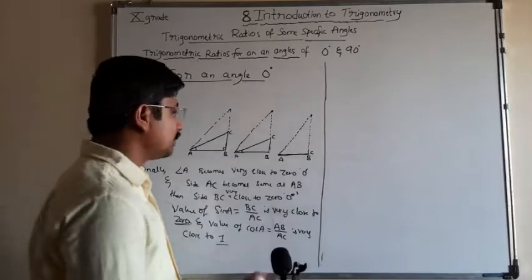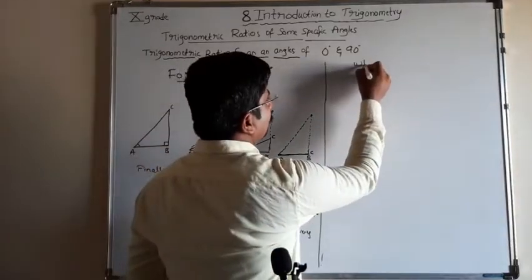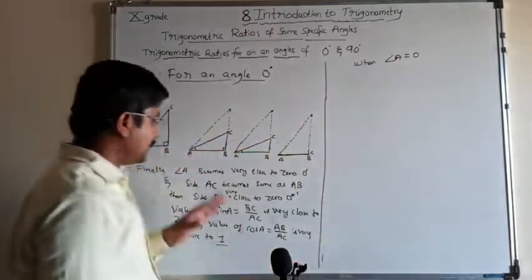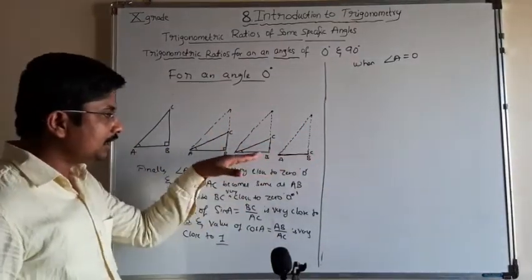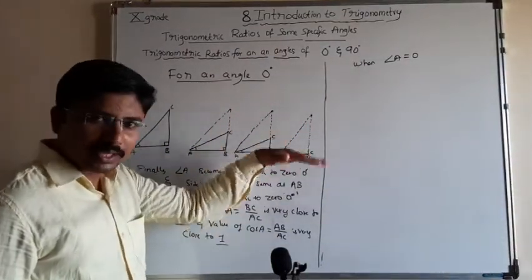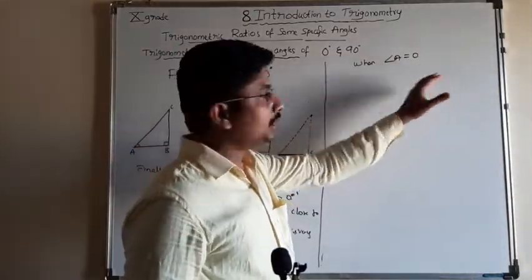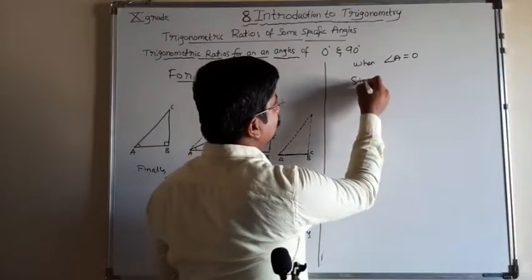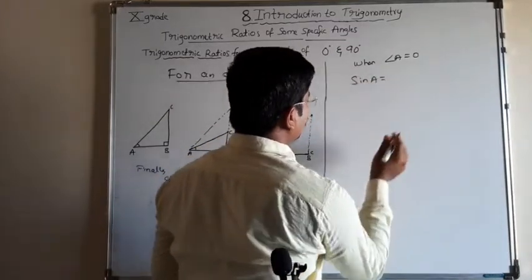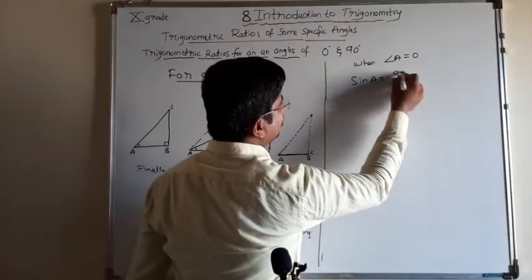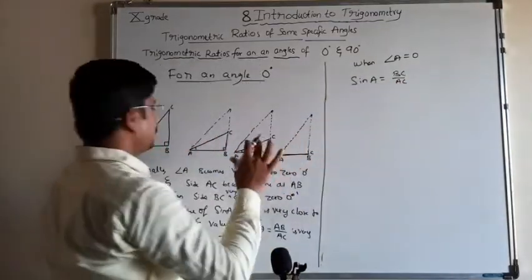Look here. When angle A is equal to 0 degree, because here angle A gets smaller and smaller, then sin A is equal to opposite side divided by hypotenuse, that is BC divided by AC.